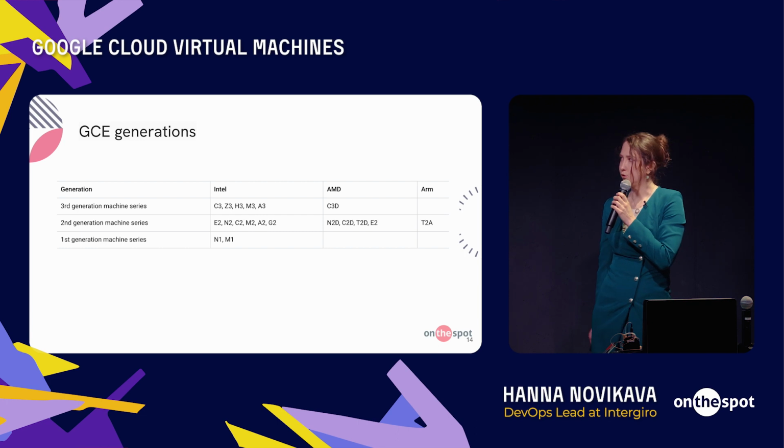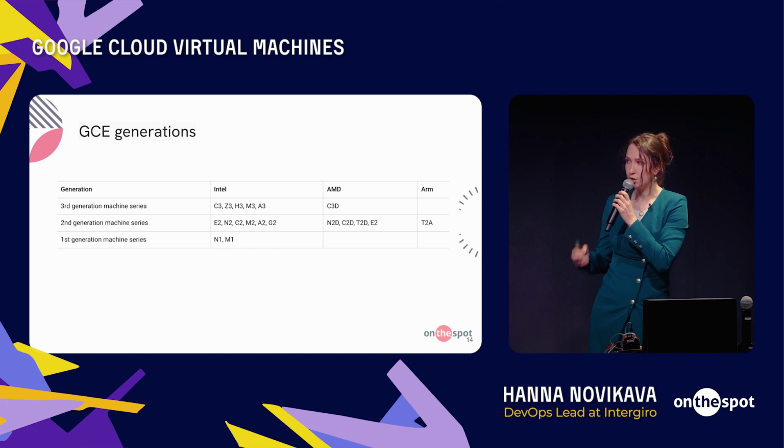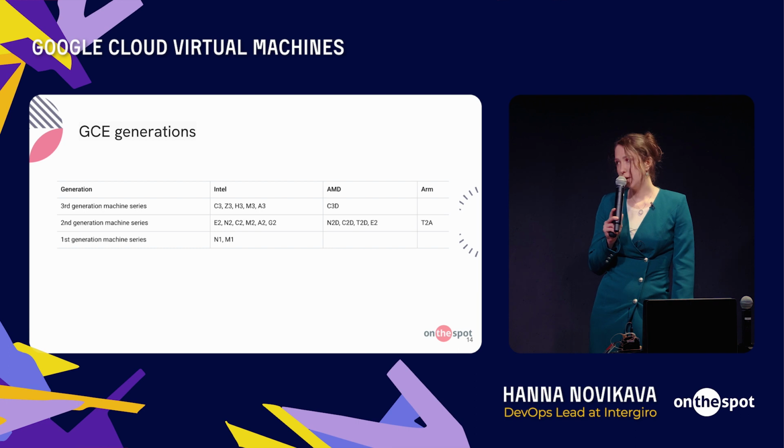Quickly, I want to describe the generations of virtual machines. There is the first generation of Google Compute Engine, and it was introduced when Compute Engine was launched. These instances were based on older hardware, and nowadays they are not very popular types to choose for your environment.